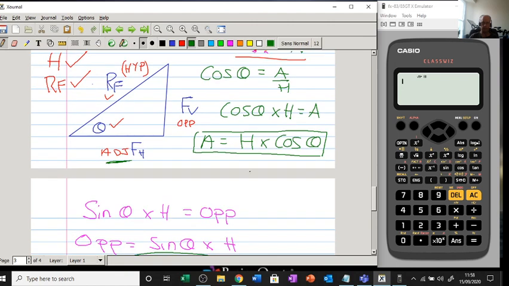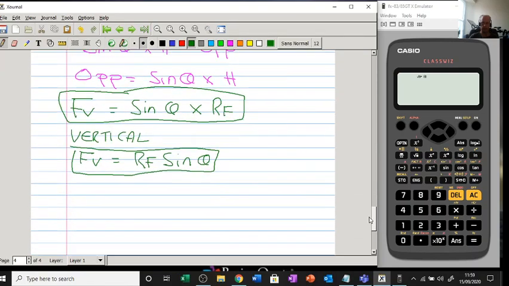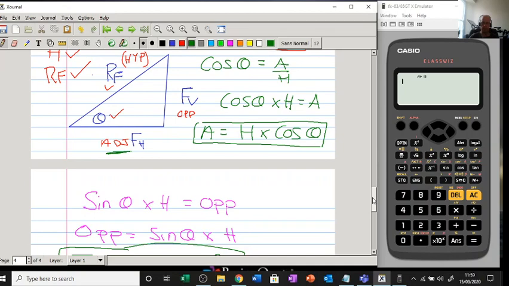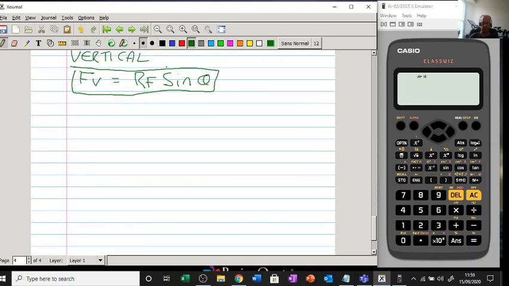So A equals h times cos theta. Now, that's the adjacent.